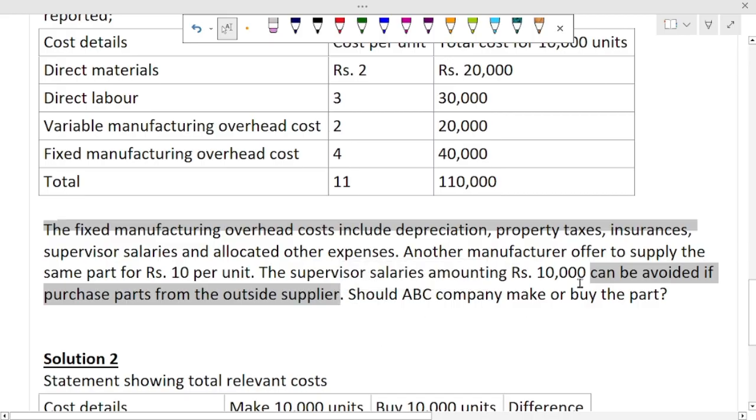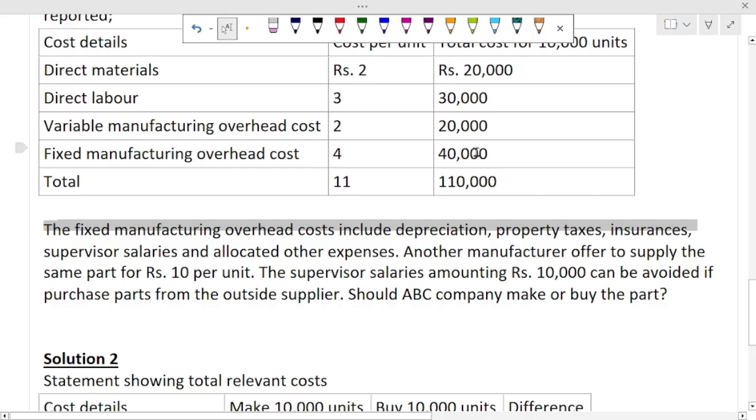In question 1, we did not say any amount can be avoided if you buy. Whether you buy or you don't buy, the amount applies in question 1 for everything. But in this case now, look at the fixed cost here. Fixed manufacturing overhead cost, 40,000. But if you buy, you can avoid 10,000 rupees.